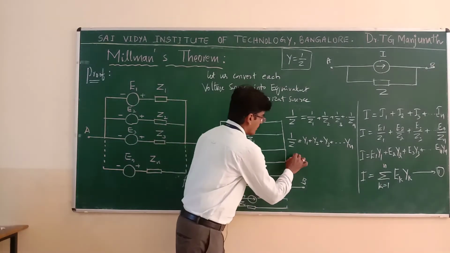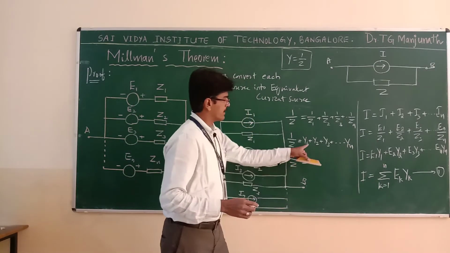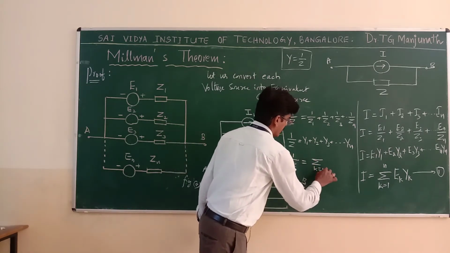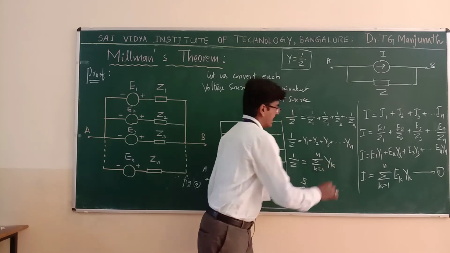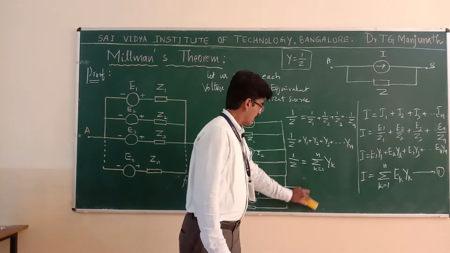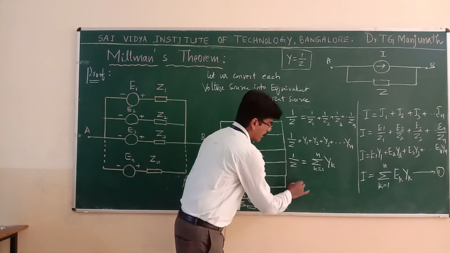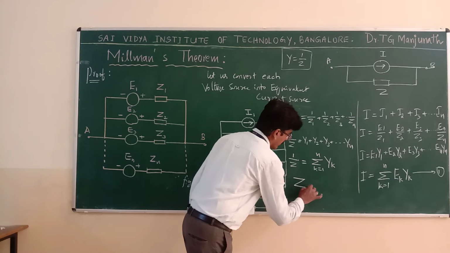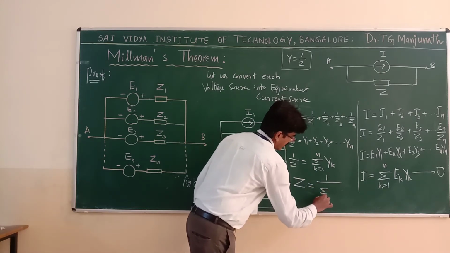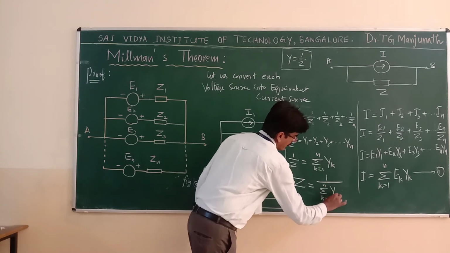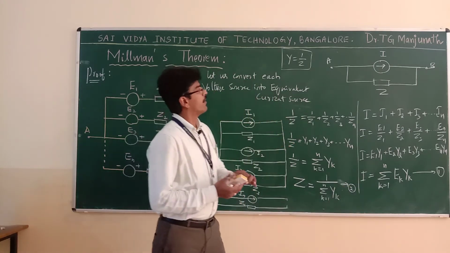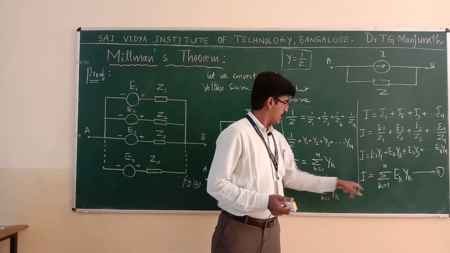This can be expressed in summation notation as sigma k is equal to 1 to n of Yk, where k varies from 1 to n. Therefore Z is equal to 1 divided by sigma k is equal to 1 to n of Yk. Let this be equation number 2.